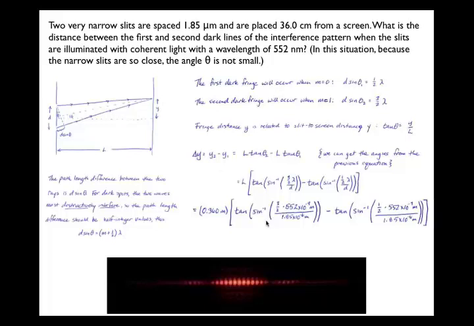And the slit spacing is 1.85 micrometers. That's 1.85 times 10 to the minus 6. And the 36 centimeters is the distance from the slits to the screen. That's out here. Crunch all those numbers and you get about 12.6 centimeters, or 0.126 meters.